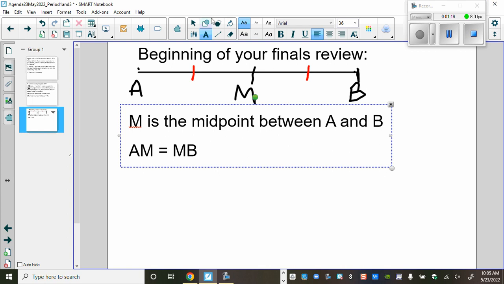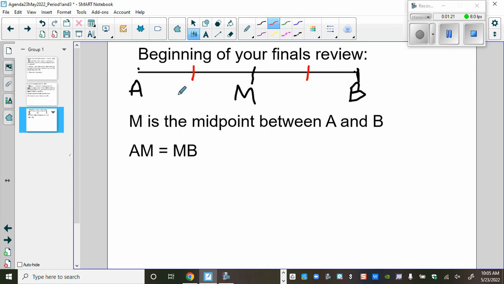So let's say you had a setup, for instance, 5x minus 4, 3x plus 8.